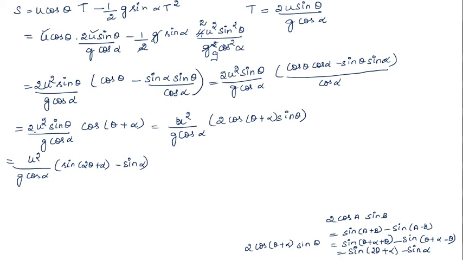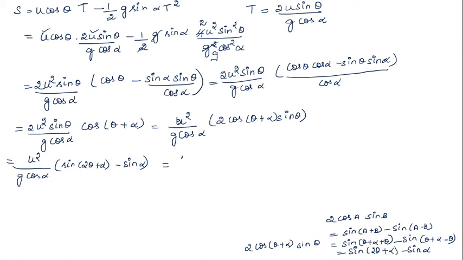We can say this is the range, but when will it be maximum? It is maximum only when sin of 2 theta plus alpha is maximum. Sin of 2 theta plus alpha is maximum when it is 90 degrees. So 2 theta plus alpha is 90 degrees, and sin 90 is 1.